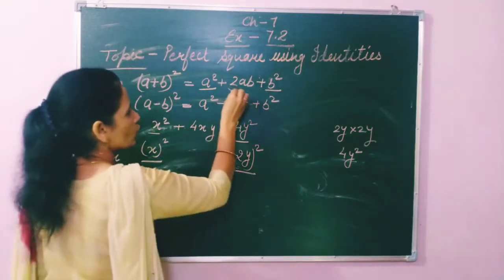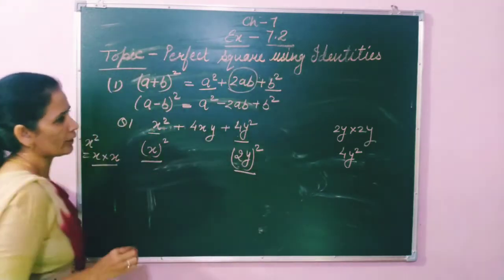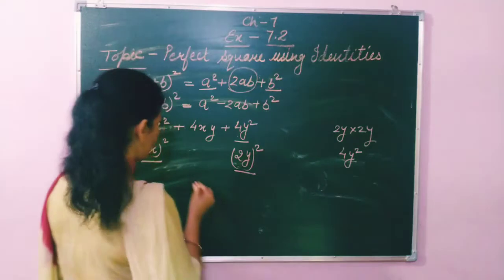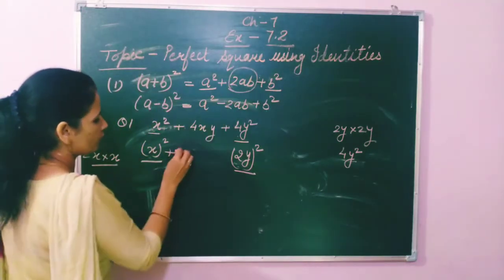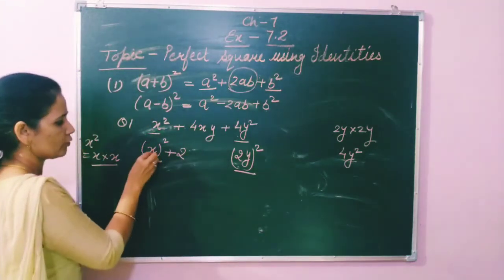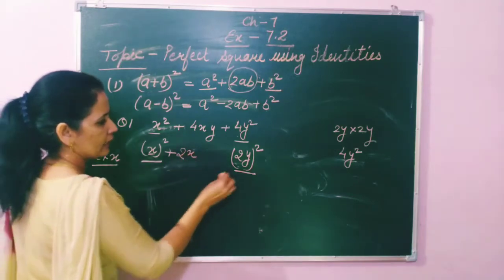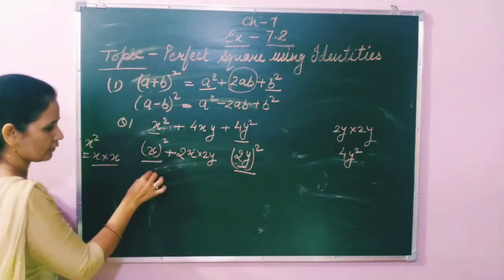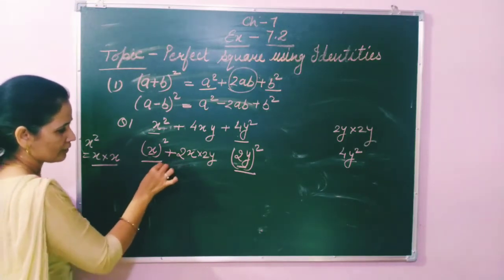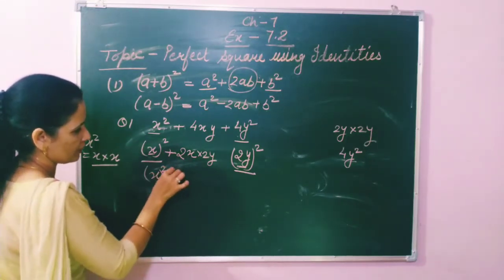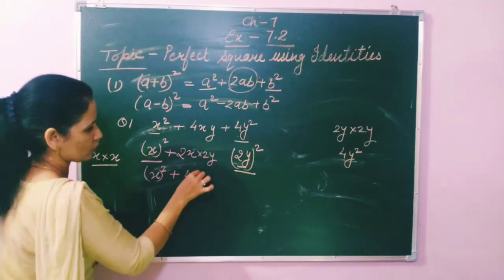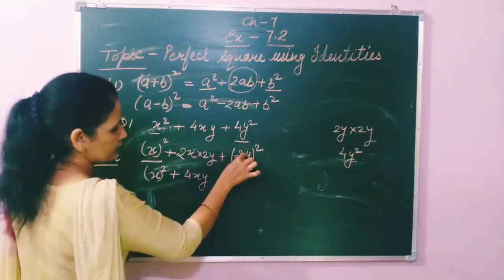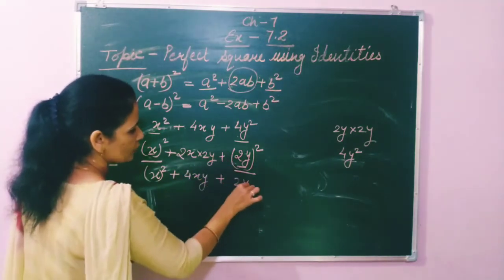Now we require the middle term 2ab. So how do we get this 2ab? According to the formula we will write 2, the a value is x and the b value is 2y. So we can write this one in the form of x square plus 2 times 2, that is 4xy, plus 4y square.